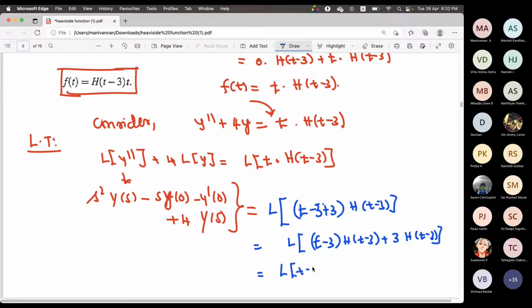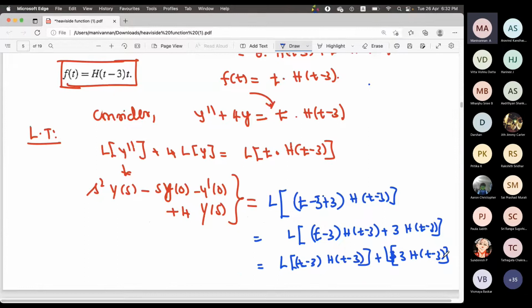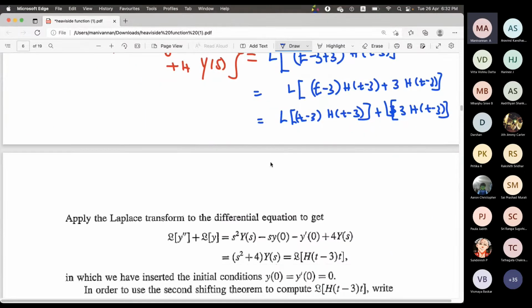Okay, now it can be written as the sum of two terms. Add and subtract. I will keep this 3 inside the Laplace transform, because somebody asked about it in the last class too: 3 times h of t minus 3. So what will be the answer here?